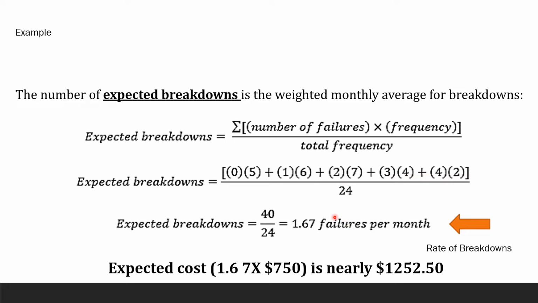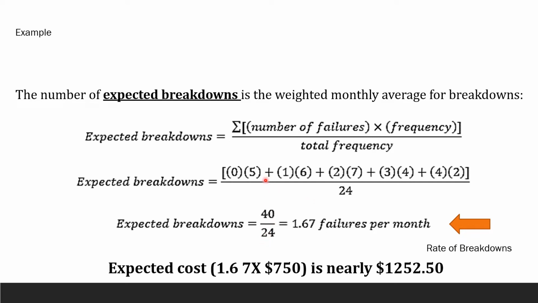It's divided by the total, so you will get the monthly average breakdown. So don't stress on this one. 40 divided by 24 is equal to 1.67 failures per month. So that's the breakdown rate. You get the expected breakdown of 1.67 per month.